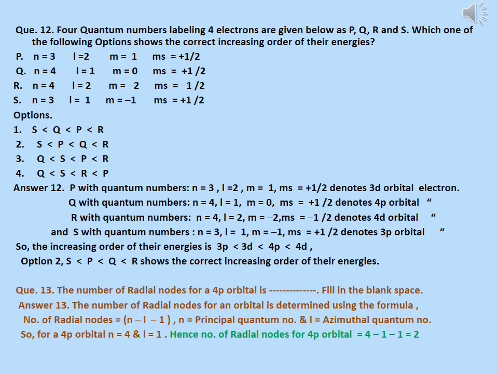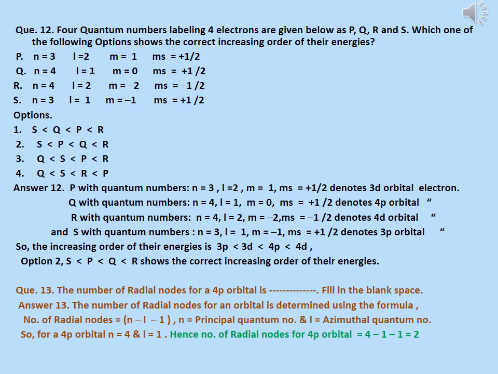R with quantum number n equal to 4, L equal to 2, M equal to minus 2, MS equal to minus half. If L is equal to 2, it denotes d orbitals, and that d orbital is in the fourth shell. So it denotes a 4d orbital electron.